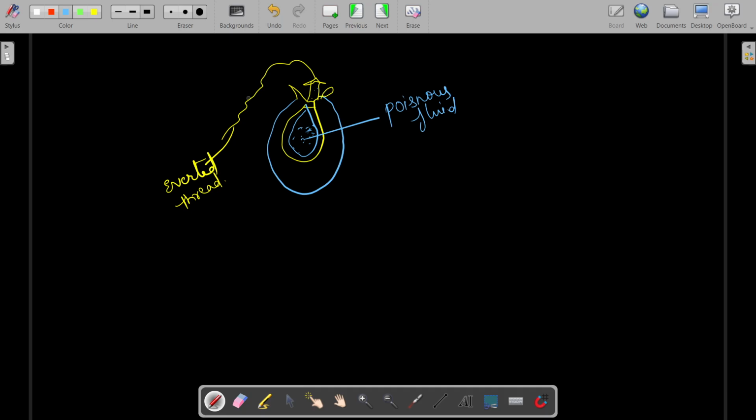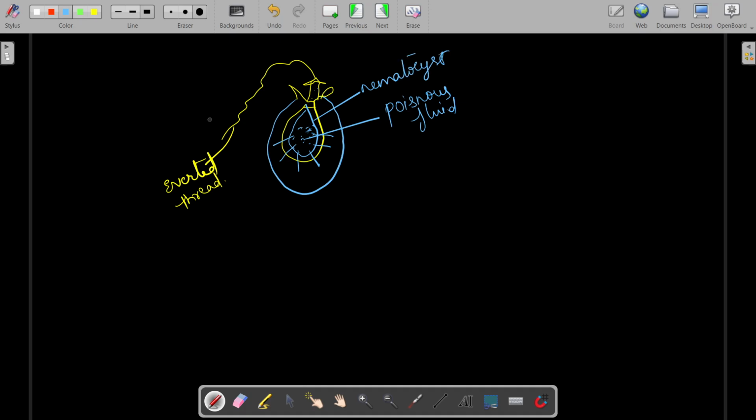This thread is to catch the enemy, and this needle is to pierce it, and the poisonous fluid is injected through the needle. You also have muscle fibers which support this nematocyst.